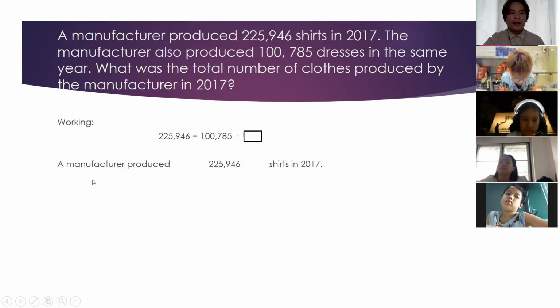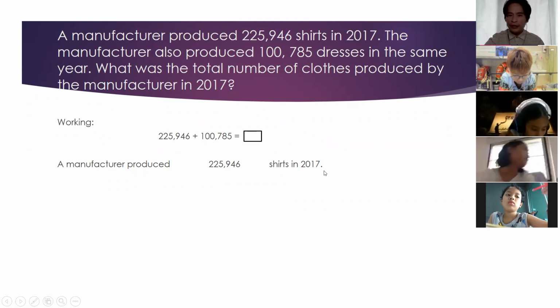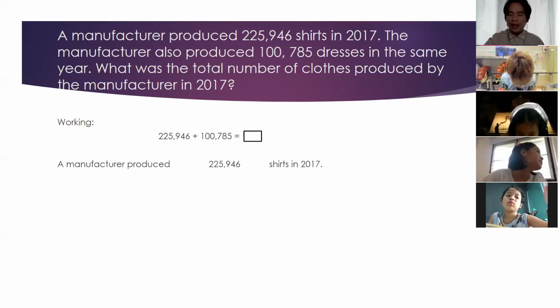So moving on, look at this style. A manufacturer produced space 225,946 space shirts in 2017. Then you can see the full stop or the period, right? So a while ago, we used the other style, which is using the colon.